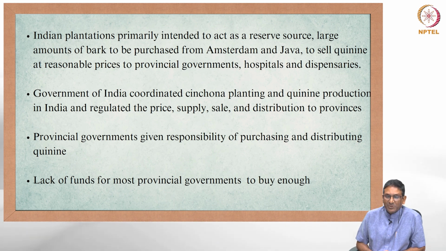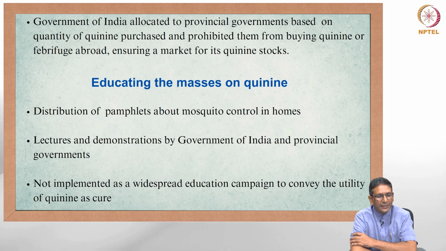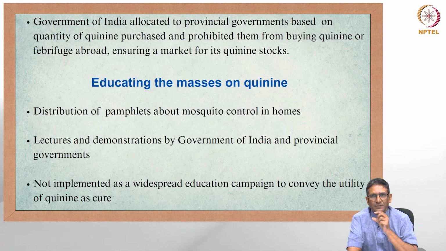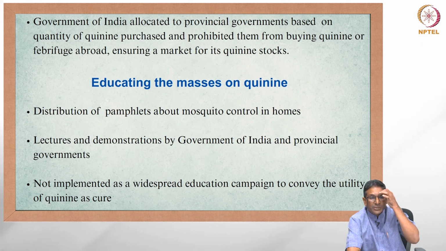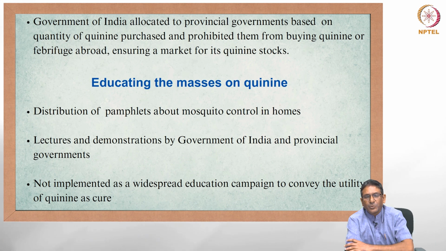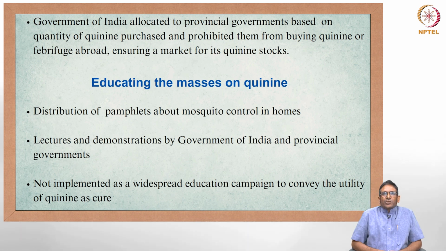Provincial governments didn't have enough funds to buy enough, and so the government of India allocated quinine to provincial governments based on the quantity of quinine purchased, and prohibited them from buying quinine or other kinds of febrifuges from abroad, ensuring a market for its own quinine stocks.